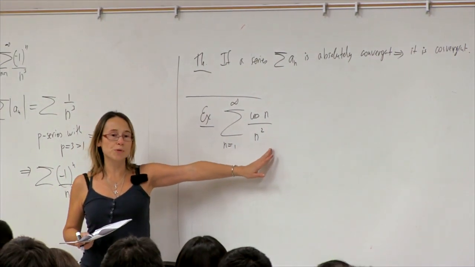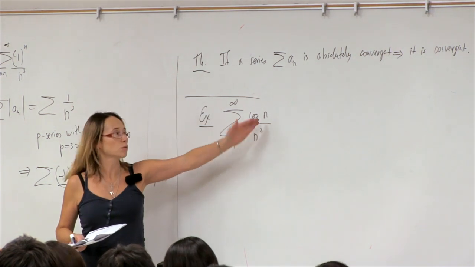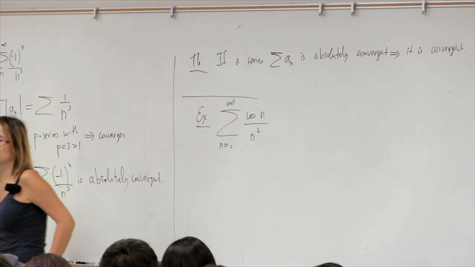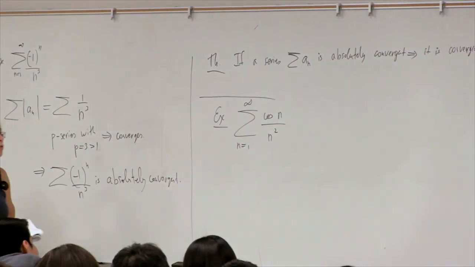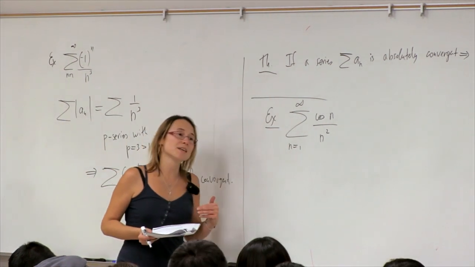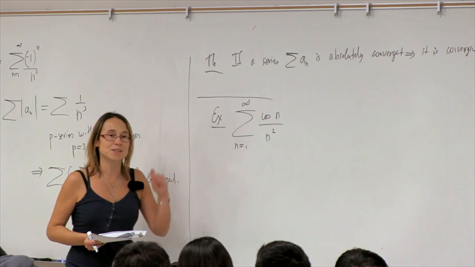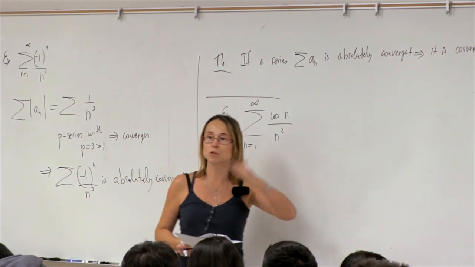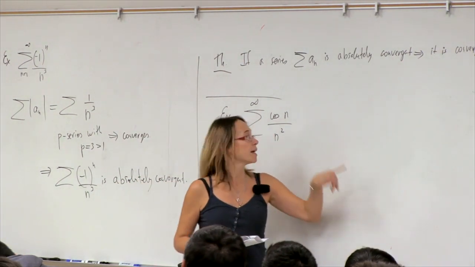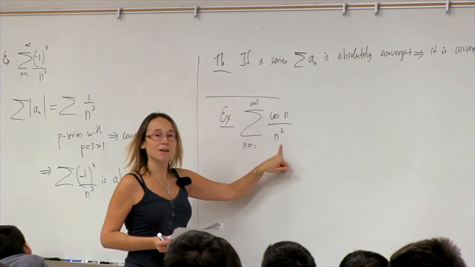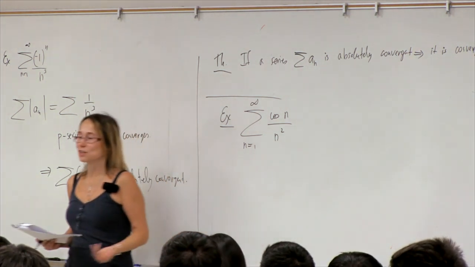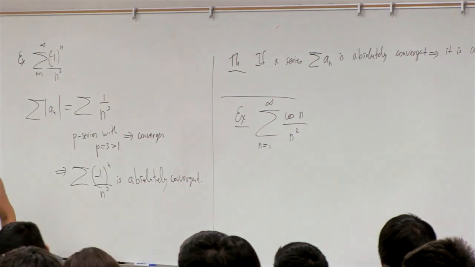Some of them are going to be positive and some negative because we have a cosine and it takes various values between -1 and 1. But we cannot say that this is an alternating series because for an alternating series, the sign has to change every step, plus to minus to plus to minus, or the other way. Here, we don't have that.